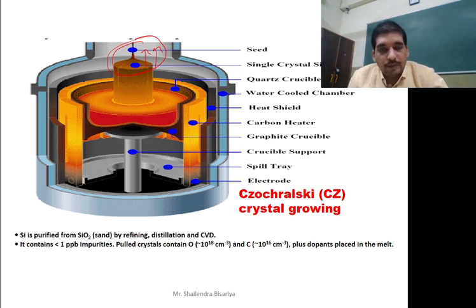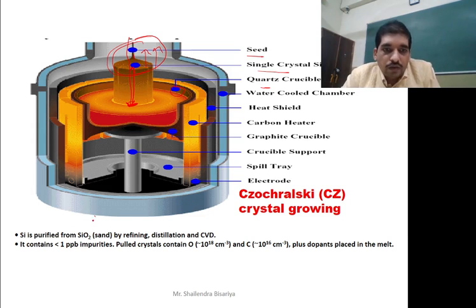Coming back to this diagram, see here the seed crystal and single crystal silicon inside the quartz crucible. When this seed crystal makes contact with the silicon molten state material, and when we move it out because of the rotation in opposite sides, what will happen? There will be two actions taking place.